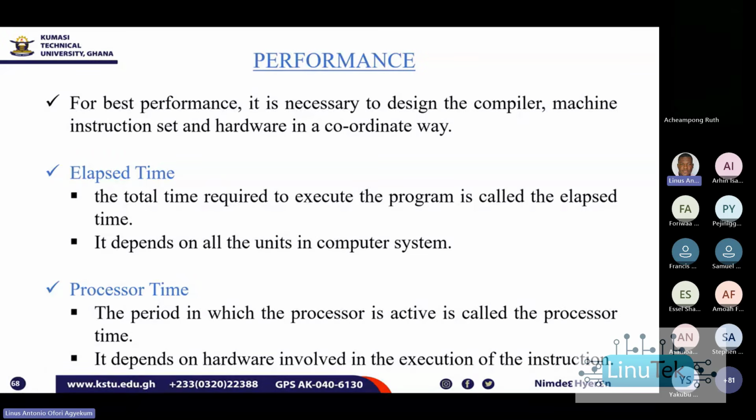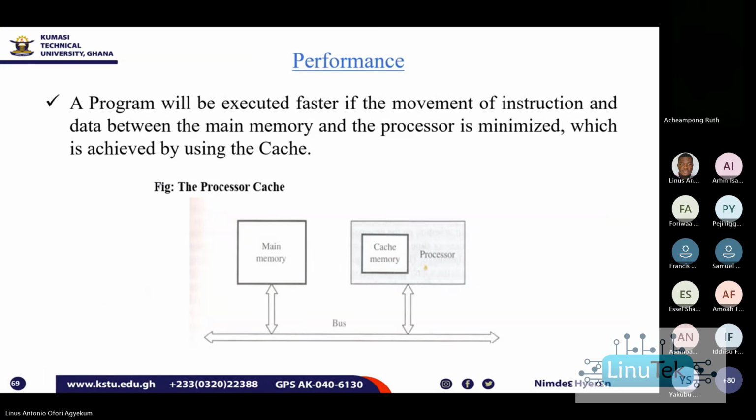Another thing is the processor time. That is the period in which the processor is active. Is what we term as what? The processor time. And mostly this would depend on the hardware that is used in the execution of the instructions. So these two help us measure performance within computers.